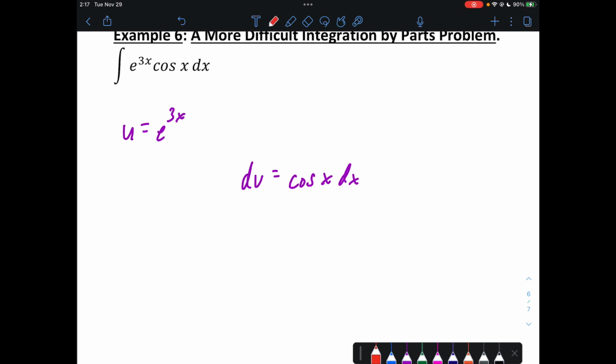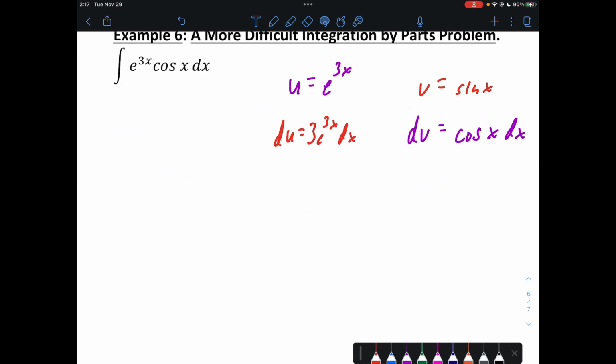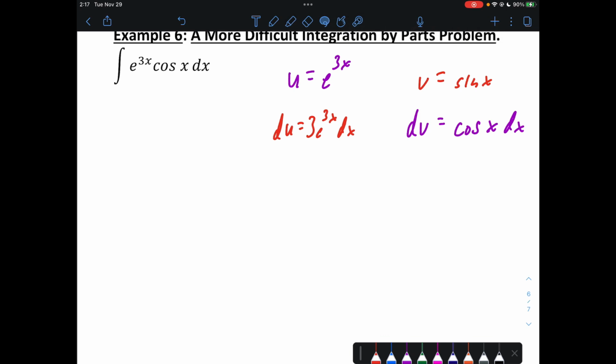So then my derivative is 3e to the 3x dx, and my antiderivative is going to be sine x. Okay, so my first attempt at the answer here is uv, so e to the 3x sine x minus v du, so 3e to the 3x sine x dx.